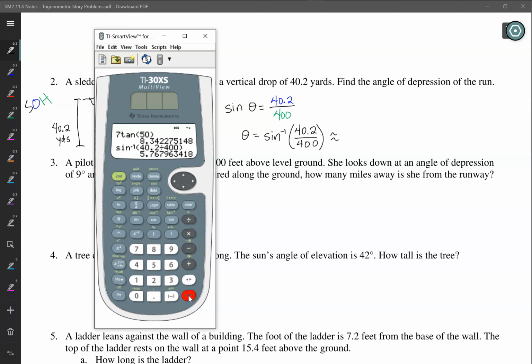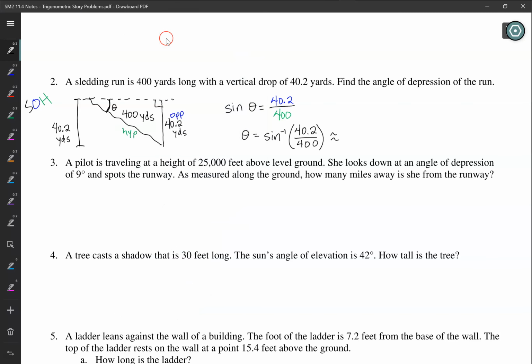That gives me about 5.8. Now 5.8 what? It's an angle. We measure angles in degrees. So this isn't a very steep sledding run. You're not going down very steeply. It's not a very scary sledding run.